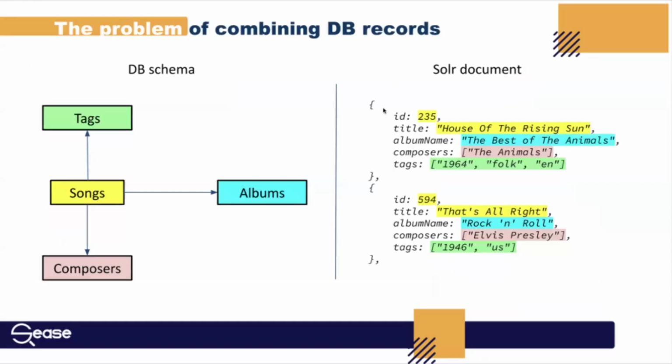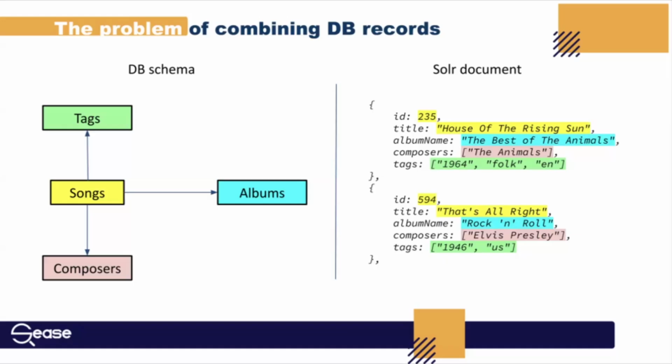So what's the problem? Normally, all data are stored in a relational database where the information is split in multiple tables, and we don't want replication of data. Let's suppose we have a database where we want to index songs.